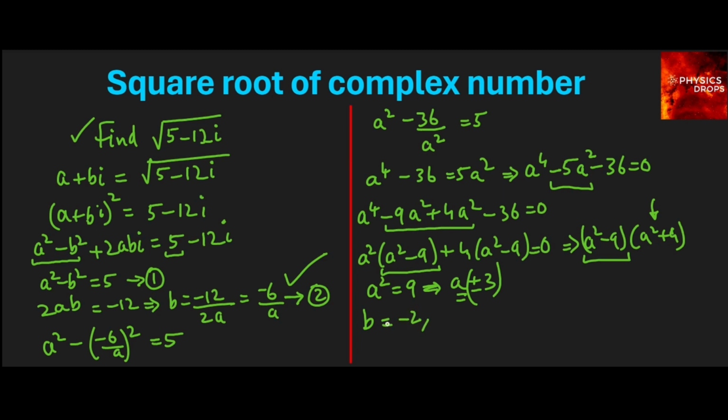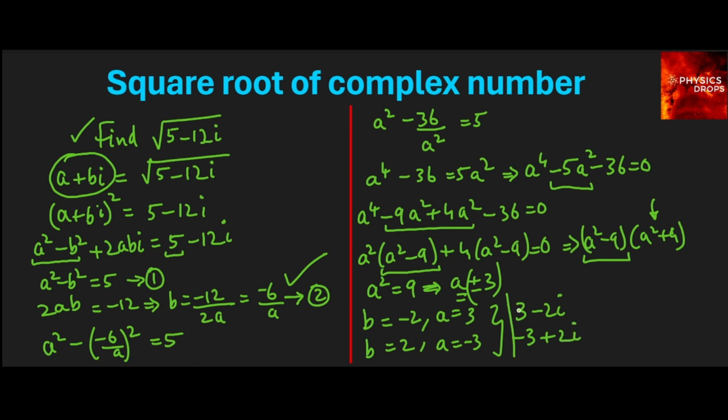If a is minus 3, then b will become 2, because minus 6 by minus 3 is 2. So using these two in the original a plus bi form, when we write it, this becomes 3 minus 2i or minus 3 plus 2i.